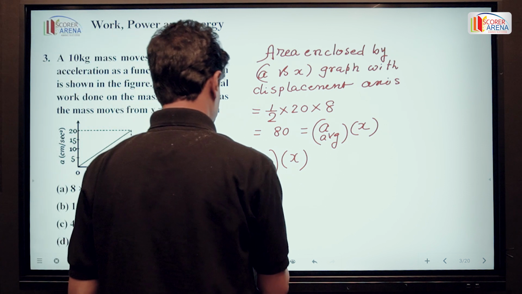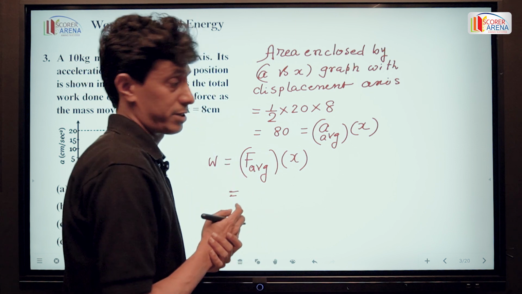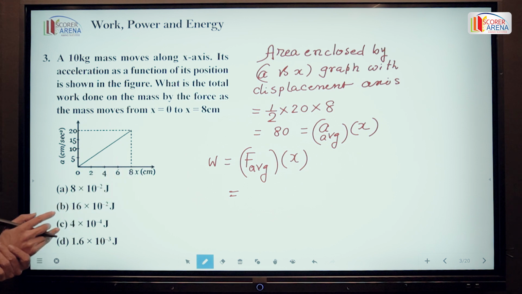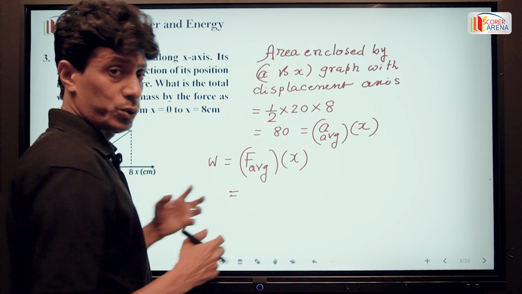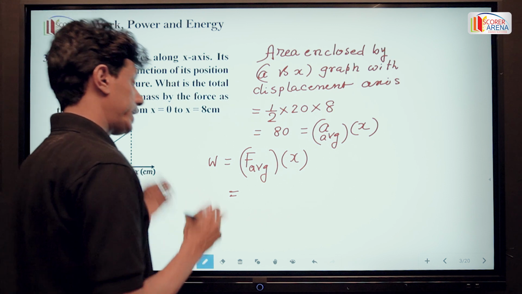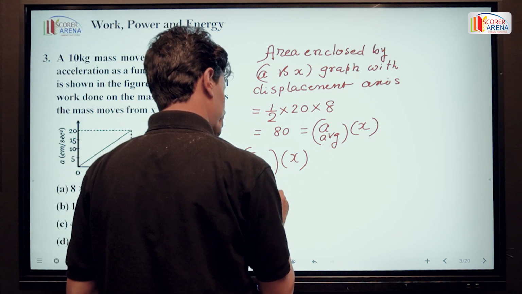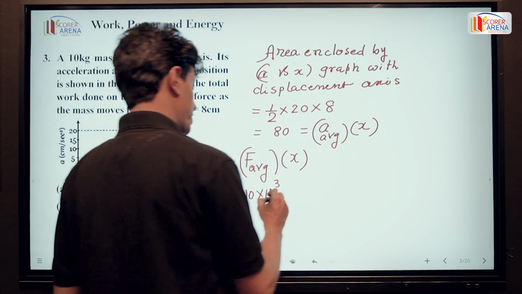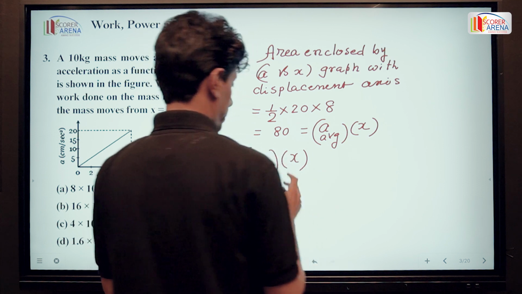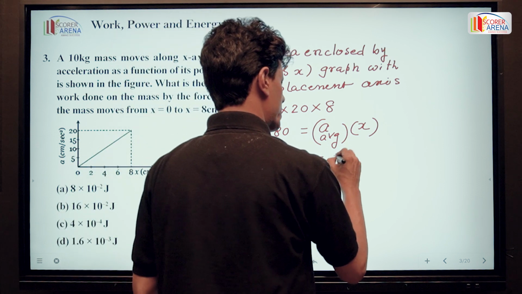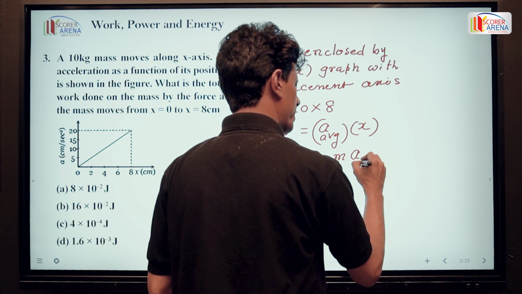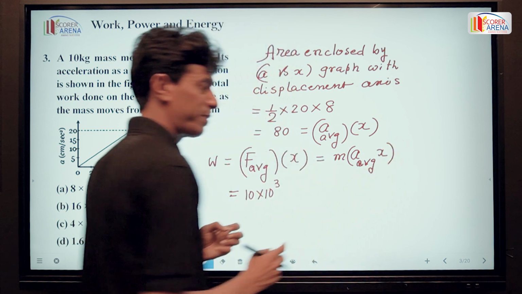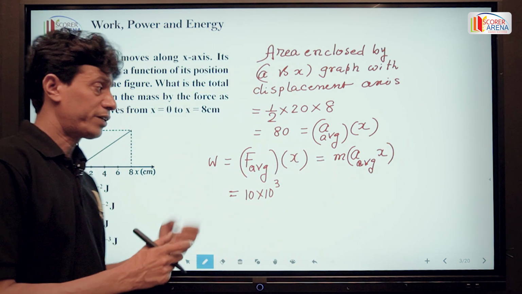So average force: 10 kg mass, but here the scaling is centimeter per second squared and here 8 centimeters. So therefore it is better to take the CGS system: 10 kg mass is actually 10 to the power 3 gram, into average acceleration into displacement. Since this is mass into average acceleration into displacement, that has already been evaluated from the graph.